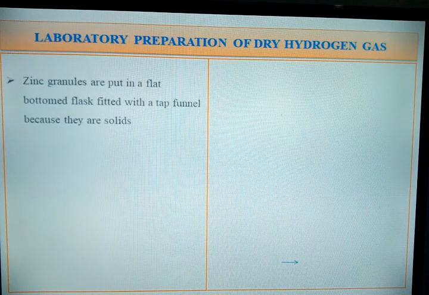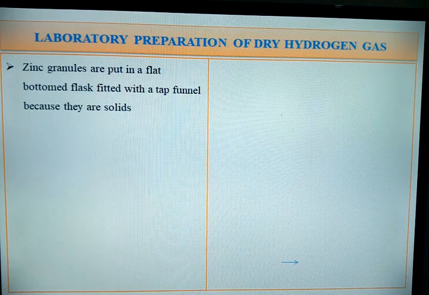If I'm to prepare a dry sample, like I've seen in the previous drawing, the zinc granules are going to be placed in a flat bottomed flask, which has a tap funnel, because the zinc granules are solids, they cannot flow.